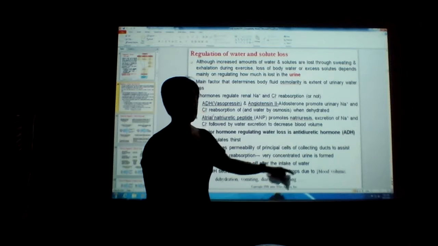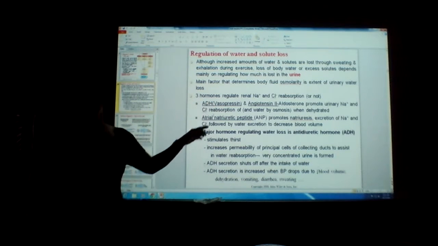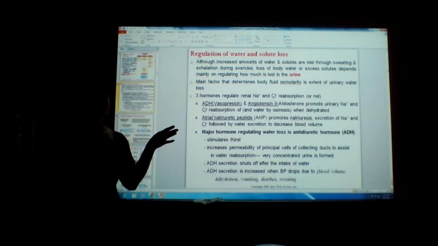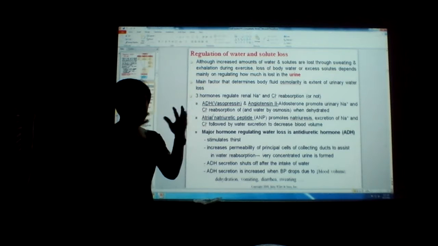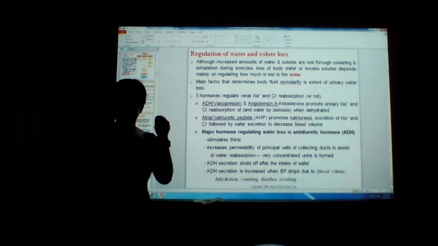Antidiuretic. So you look at this slide, it should make you appreciate how dangerous it is to be dehydrated. Look at so many hormones all of a sudden, all of them being released at the same time to prevent more water loss and conserve whatever water we have, because dehydration is dangerous.